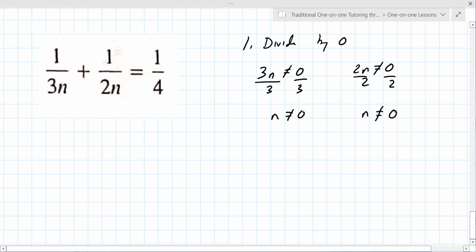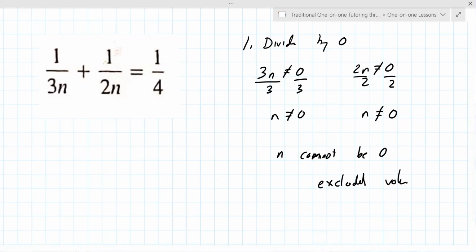Okay. So what we've said here is that n cannot be 0. That's the excluded value. So if we get all done and find that n is 0, we would say, nope, that's extraneous. Hopefully we will have time to do one so you can actually see this, but for now, we'll just work through the mechanics of it. But I would always tell you to do this first.